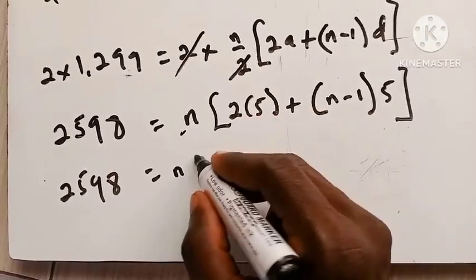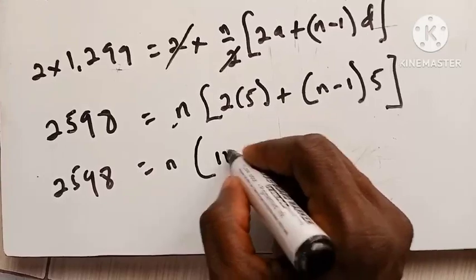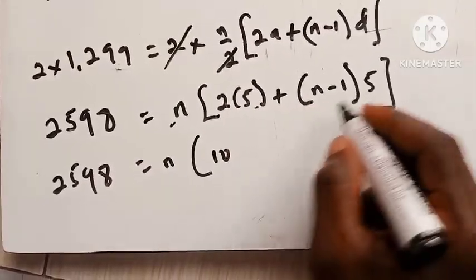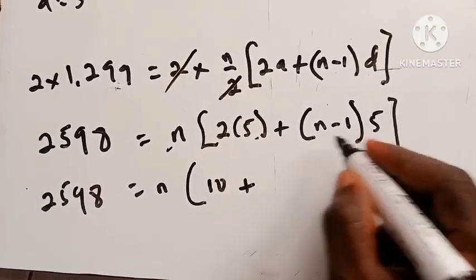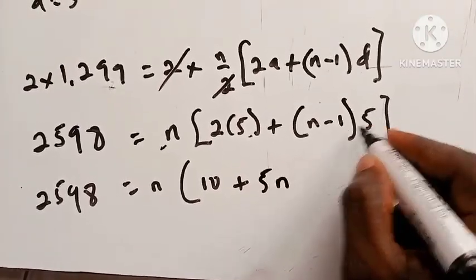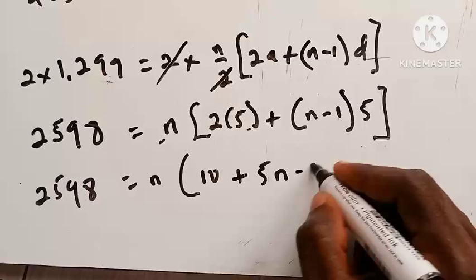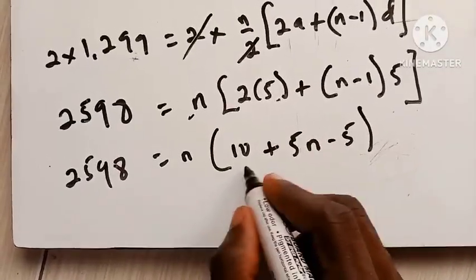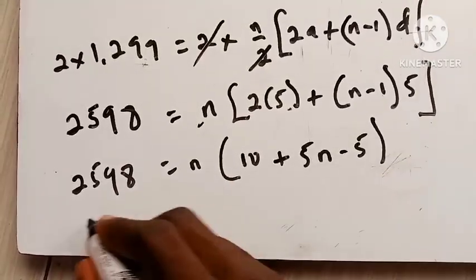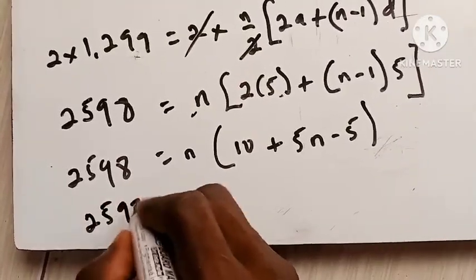So this here is going to be, that should be 10. This multiplied by that should be 10, plus, you see this 5 multiplies everything that is in the bracket here. So 5 multiplied by that should be 5n. 5 multiplied by that should be minus 5, right? Is that okay? So there's one n outside here, right? So this n multiplies everything in the bracket. So you have 2,598.